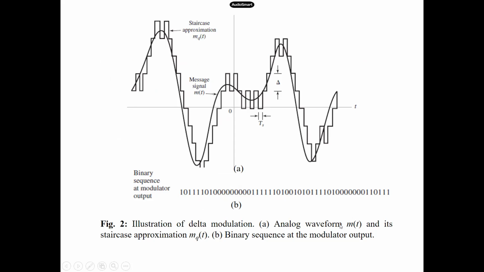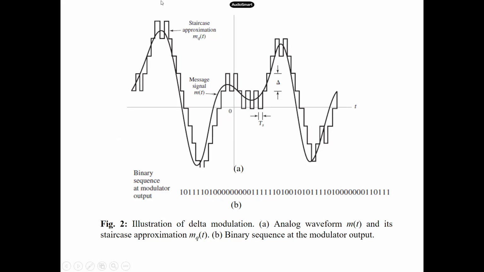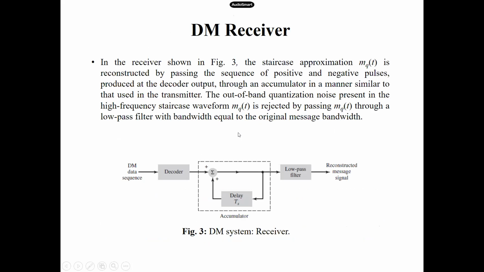This is our analog signal waveform m(t), and this is its staircase approximation mq(t). This is the staircase approximation depending upon the values, and then we generate this binary sequence at the modulator output.